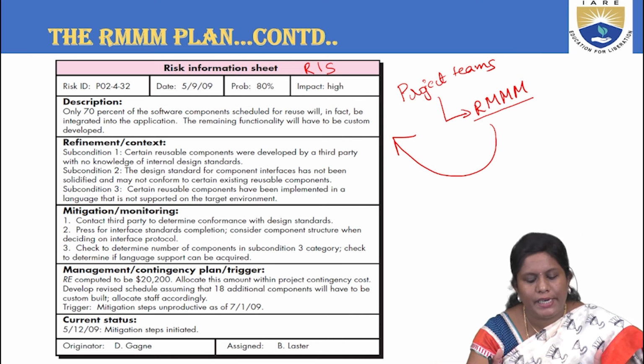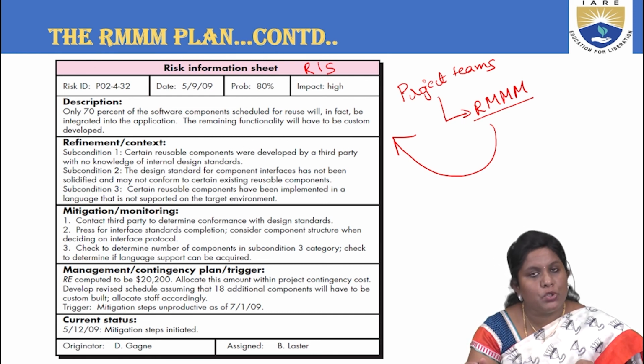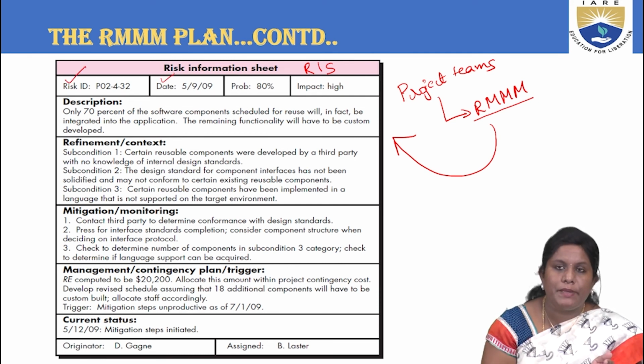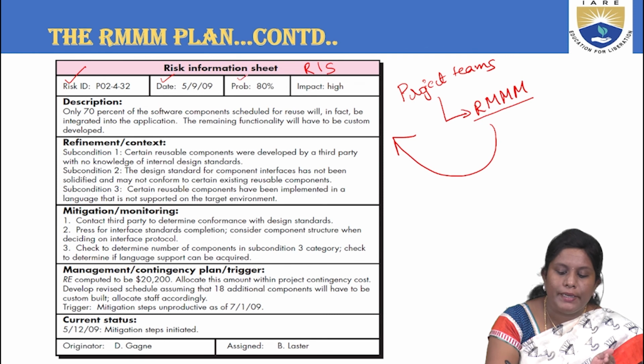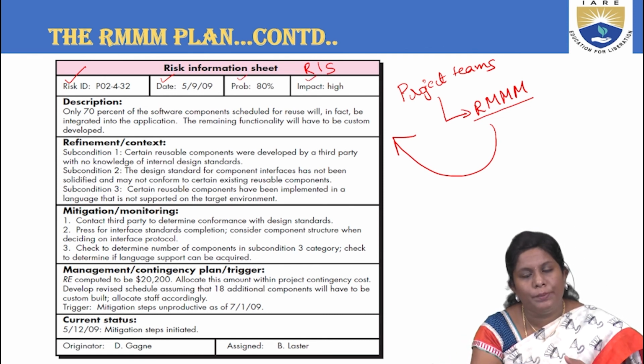So what is this sheet trying to show us? Since we are storing everything in a database, you are supposed to have a proper ID for it. You can see the risk ID here, and a proper date has to be specified. What is the probability, and what is the impact of it? Is it high, low, medium?